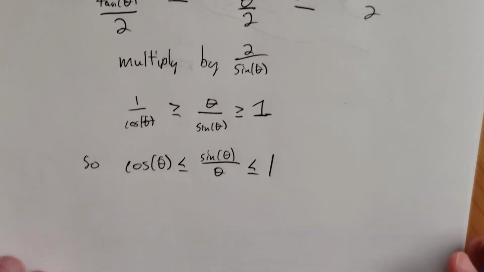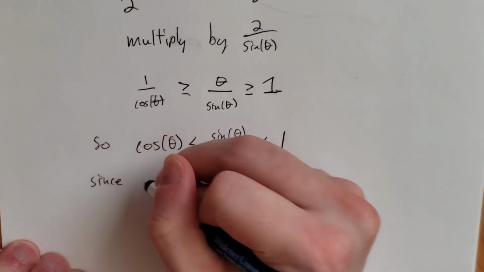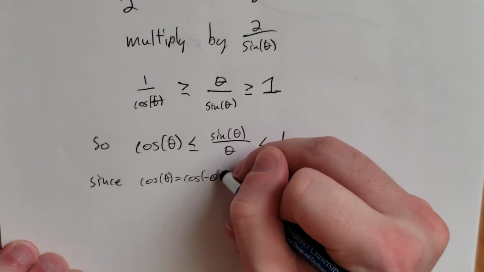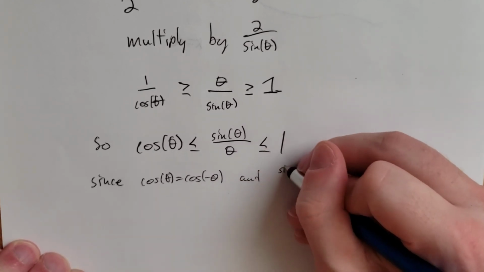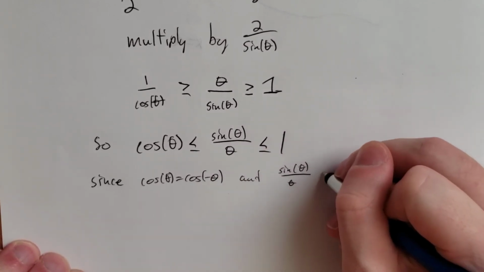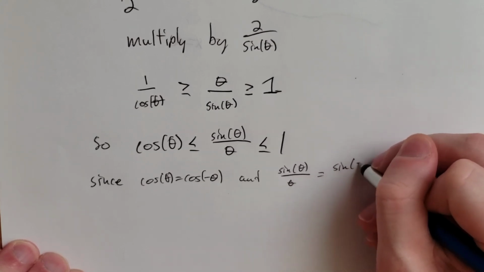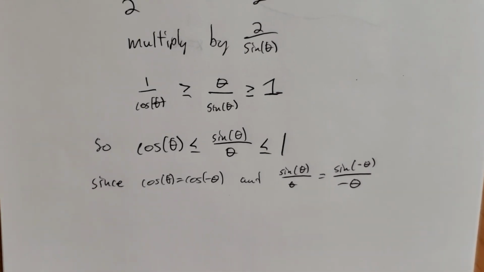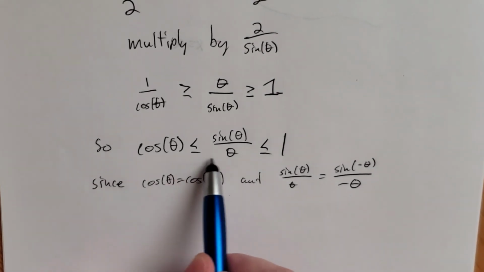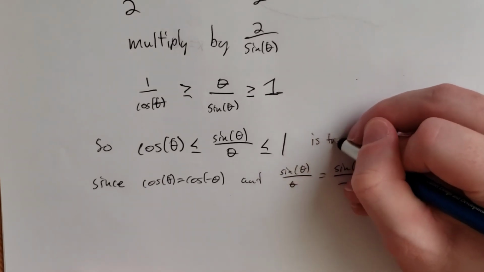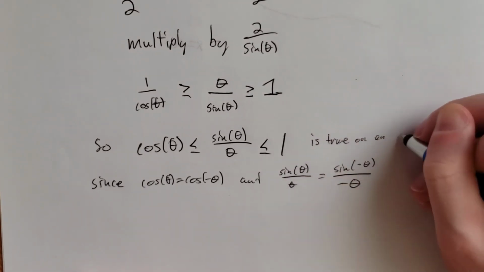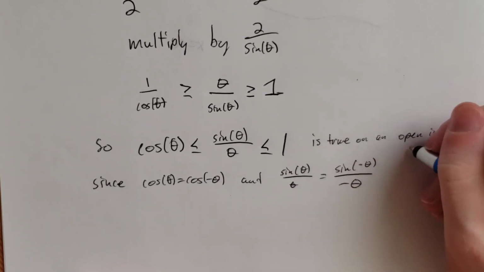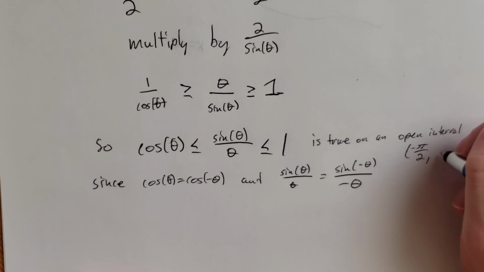Moreover, since cosine of theta is equal to cosine of negative theta, and sine of theta over theta is equal to sine of negative theta over negative theta, since we have that, then this inequality is true on an open interval surrounding 0, and that open interval can be negative pi over 2 to pi over 2.